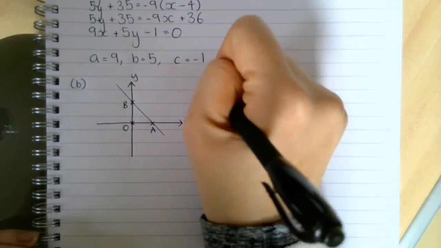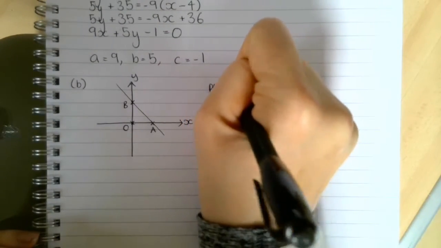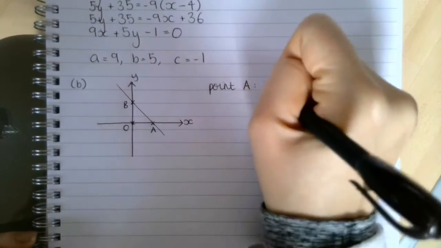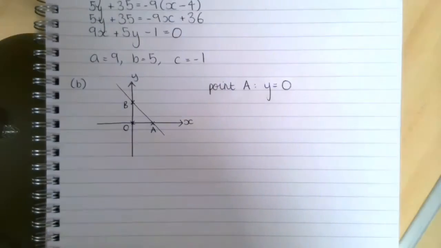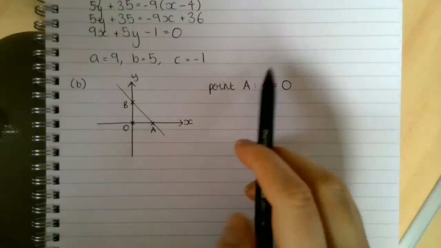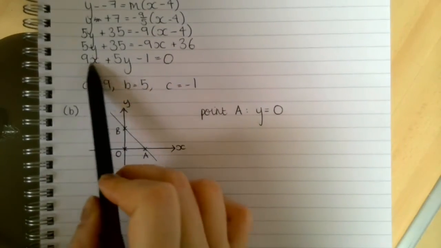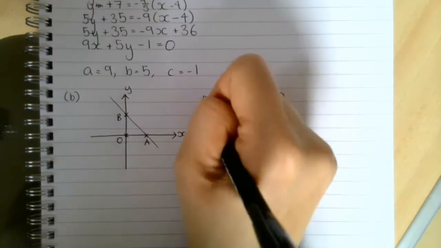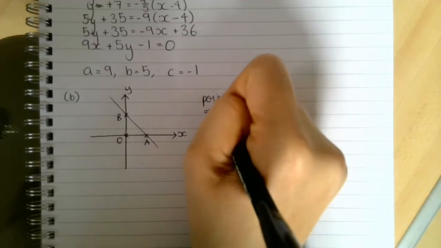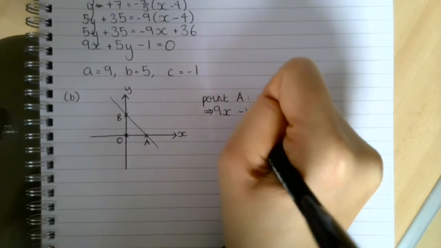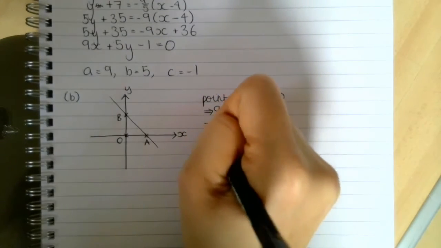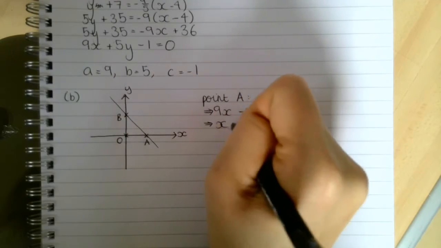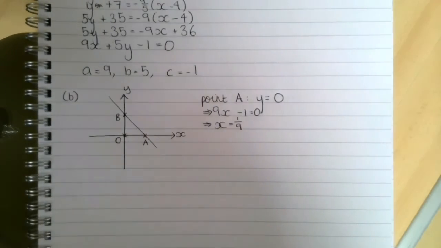So, for the point A, that is when y equals 0. So we're going to substitute y equals 0 into our equation of the line. So we must have 9x subtract 1 equals 0. So x is equal to 1/9.